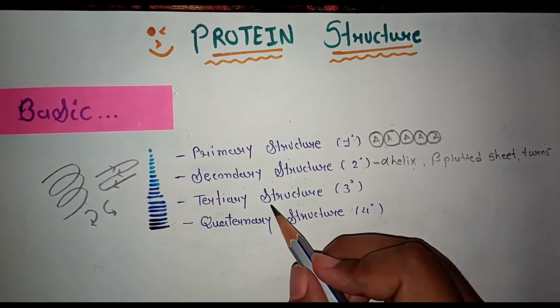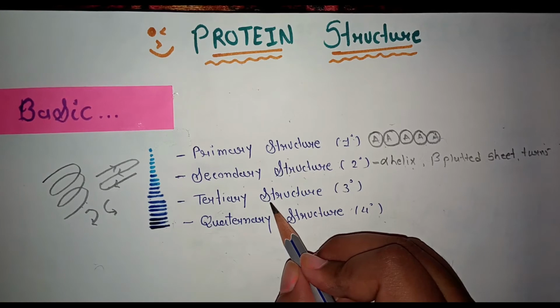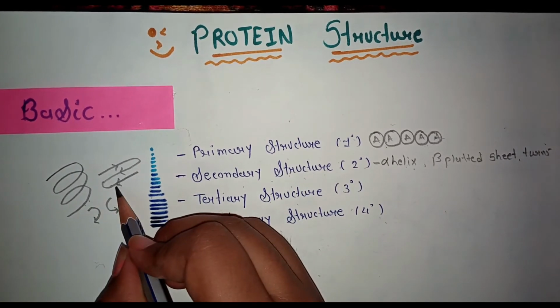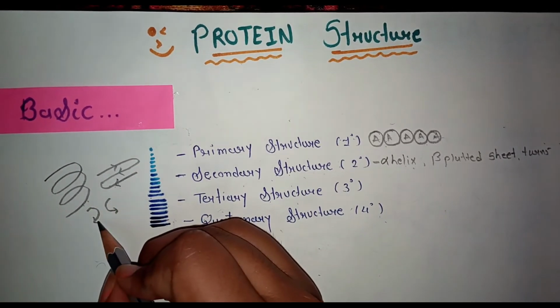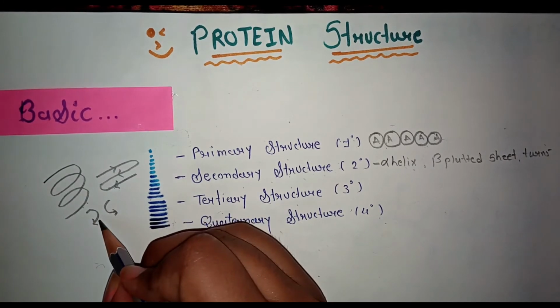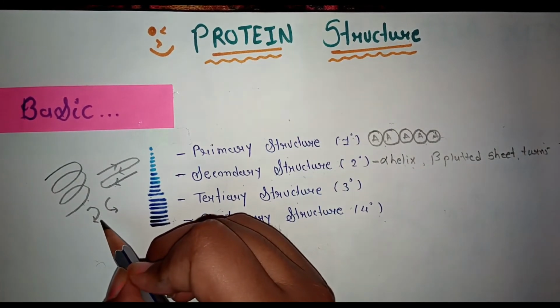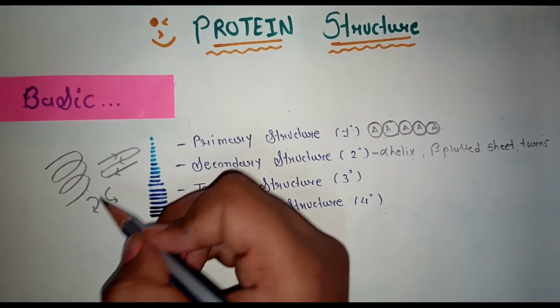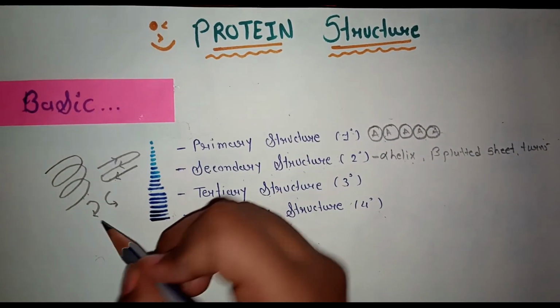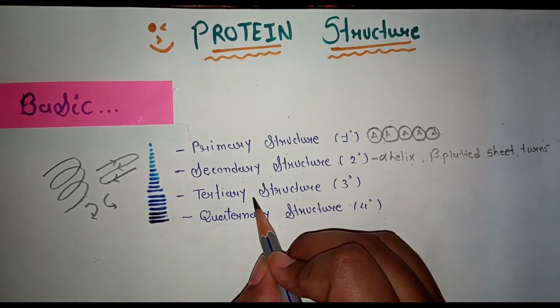Now, what is the tertiary structure? These secondary structures will combine with each other through hydrogen bonds or disulfide bonds, and they make the tertiary protein structure.